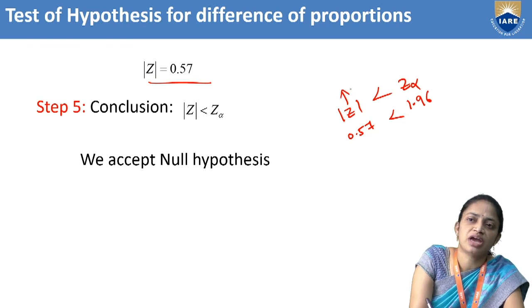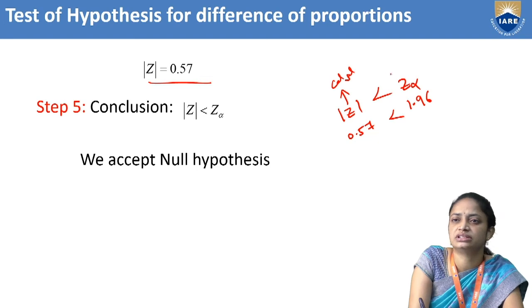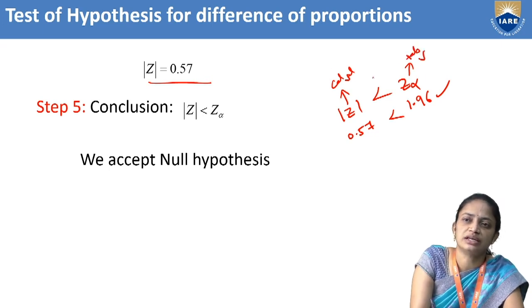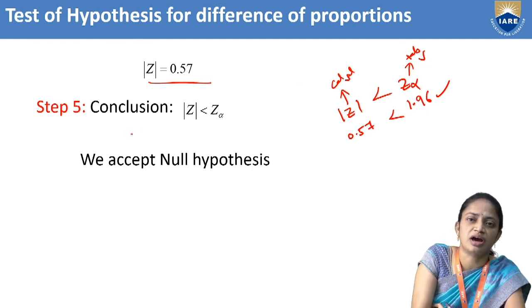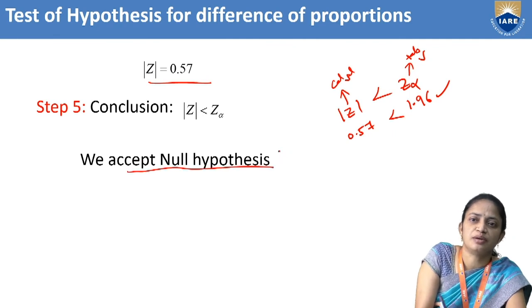This is the calculated value, and we have taken the Z alpha value from the table, so that is the tabulated value. Always, if the calculated value is less than the tabulated value, that means mod Z less than Z alpha, so we accept the null hypothesis.